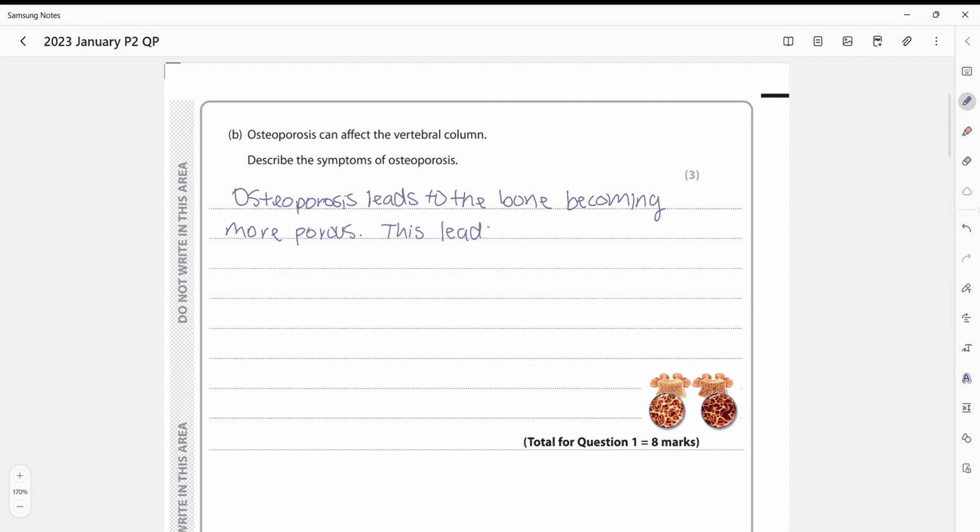This can cause the bone to fracture easily.